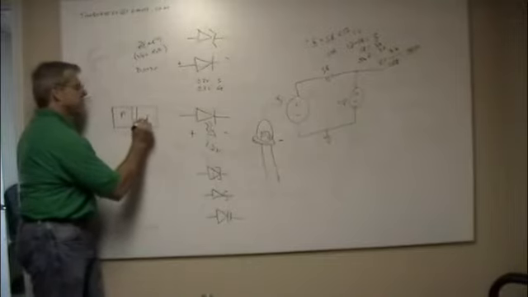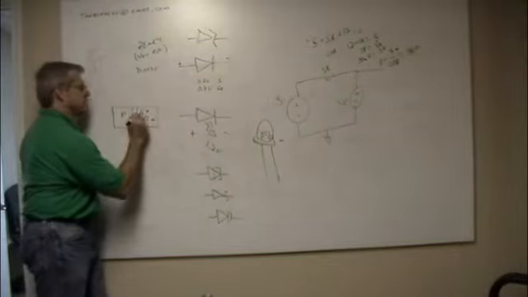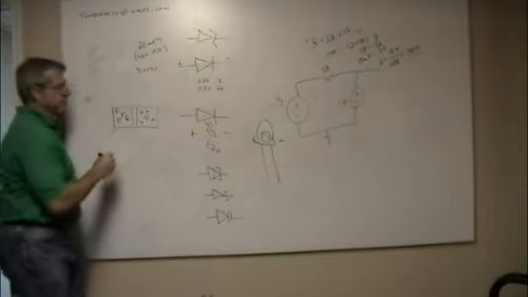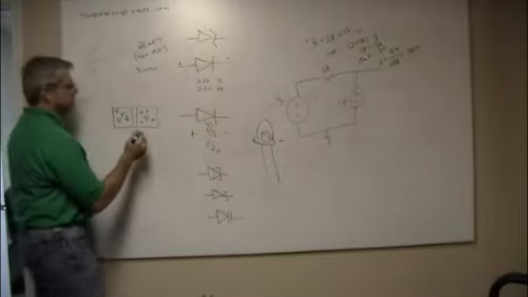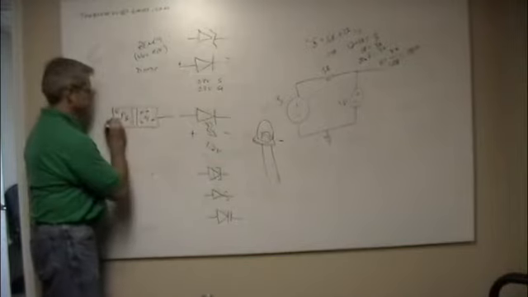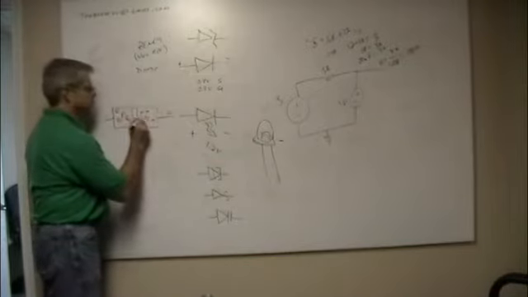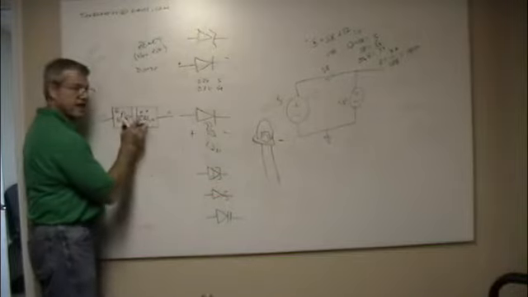And my P and my N. I've got my little electrons floating around over here, and my little holes over here. And they can't go anywhere. And remember, when I put the voltage on backwards, positive here and a negative here, it caused this diffusion region to move out.